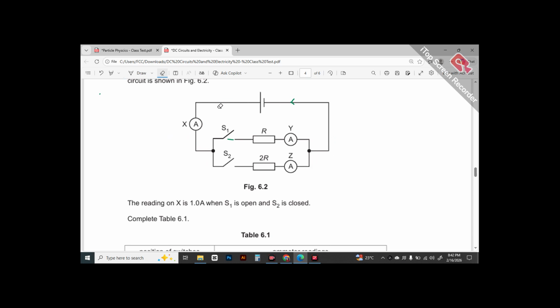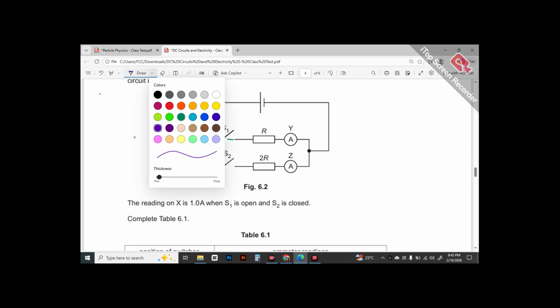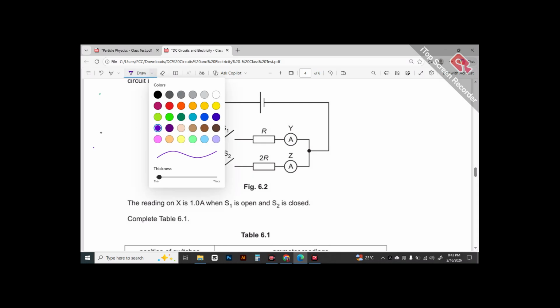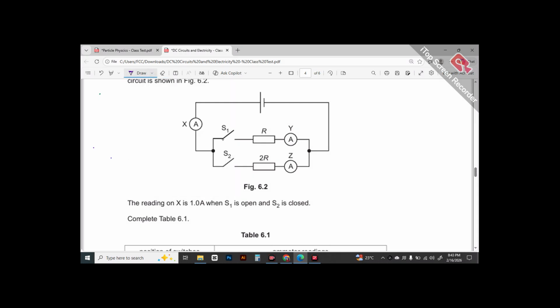This time we have switch S1 closed and then S2 open. Now this time current has this path to follow.